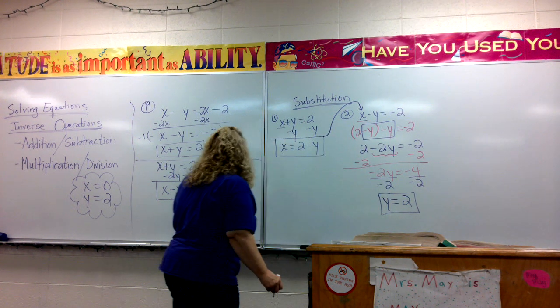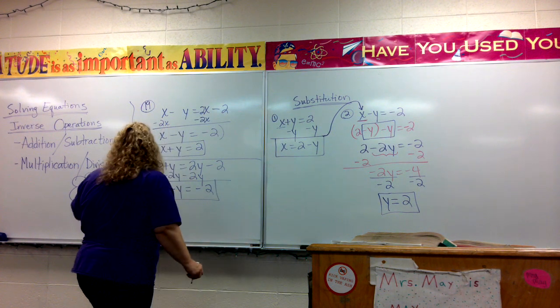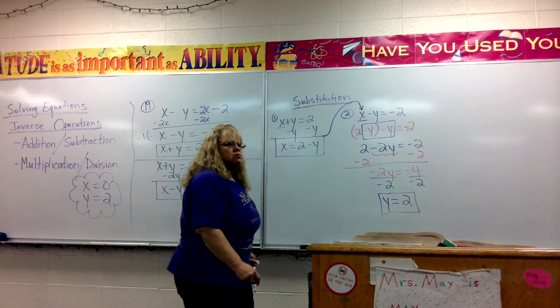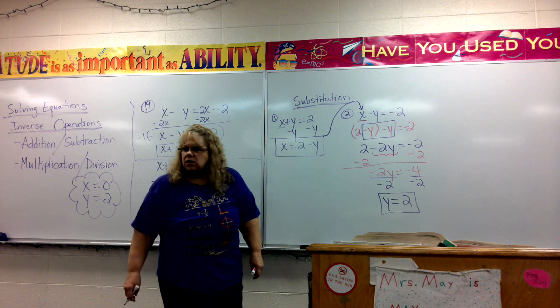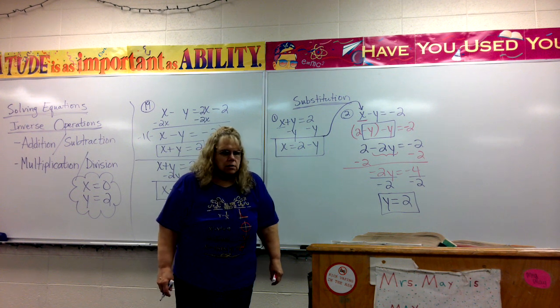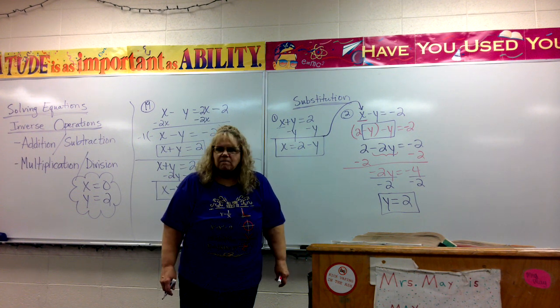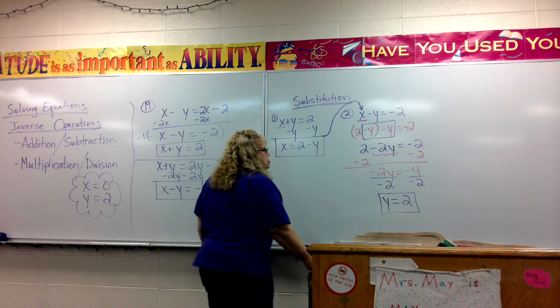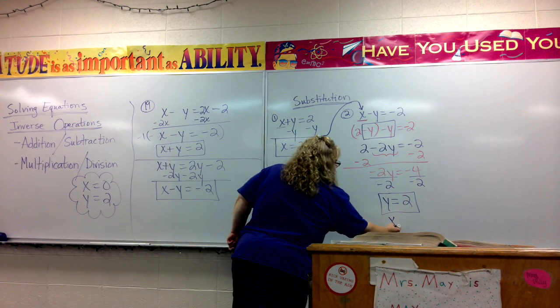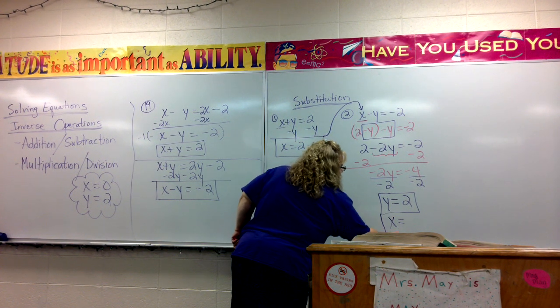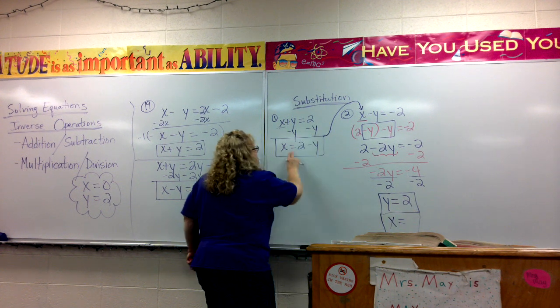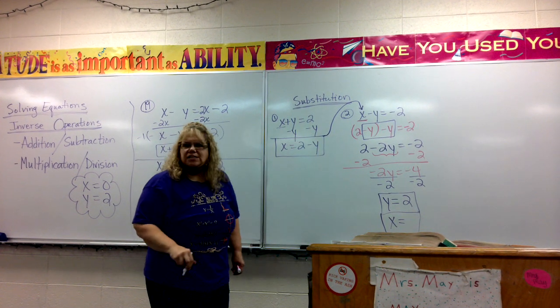Same as what we got when we graphed it, but I think it went a little faster. Yes? And then you're not quite done because remember you need the x that goes with it. But you should have it all set up for what x is equal to.